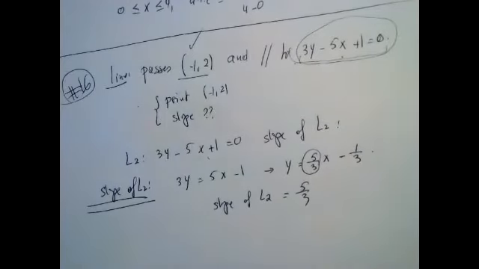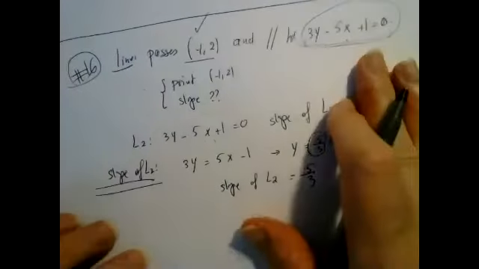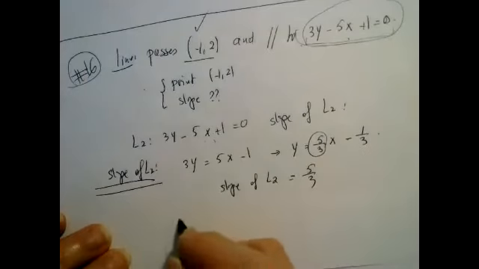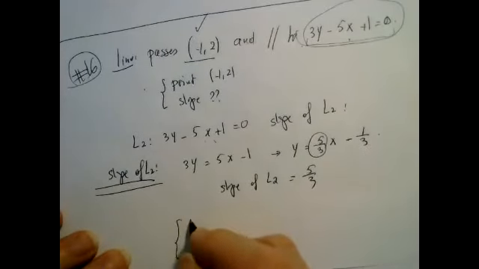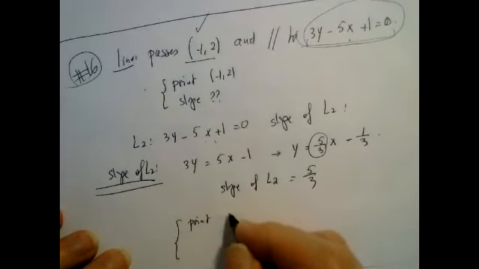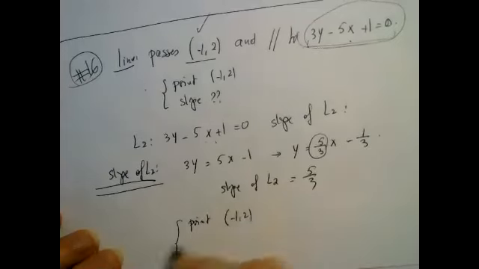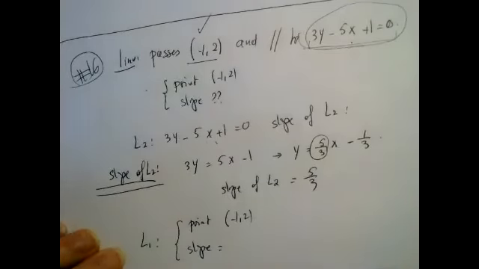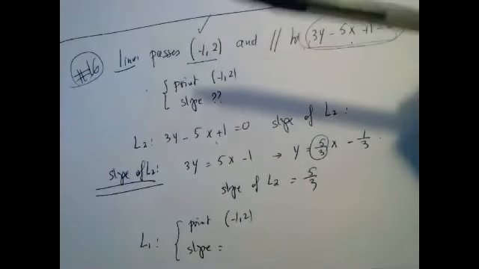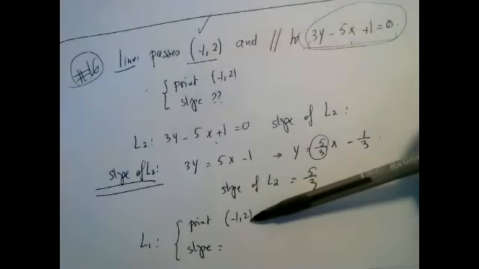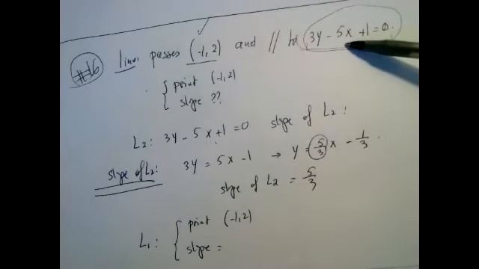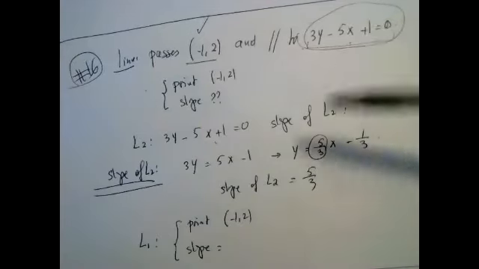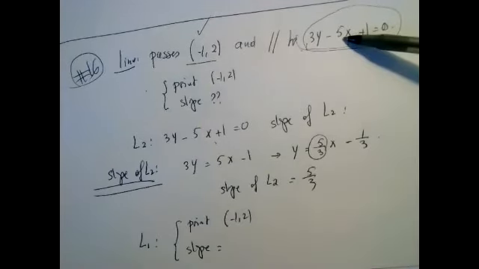So now what do I want? The point is (-1, 2). That's my line L1. And what's the slope of the line I'm interested in? It goes through this point. It's parallel to that, and if it's parallel, it has the same slope as this line.